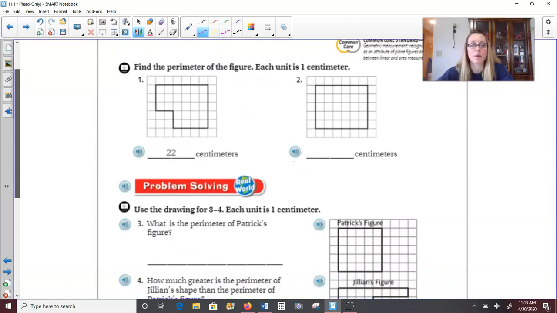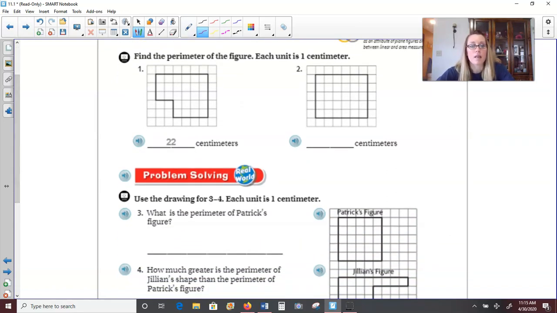Finding the perimeter. Each unit, they tell us, is 1 centimeter, so that helps us with our labels. They did the first one for us and got 22 centimeters. This next shape is a rectangle, so I can count across the top length. So that would be 1, 2, 3, 4, 5, 6. So if the top is 6, I know the bottom will be 6.